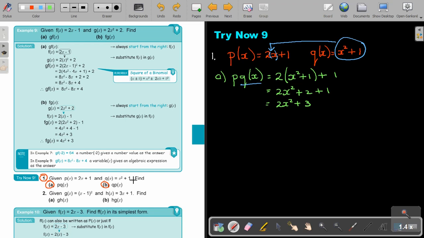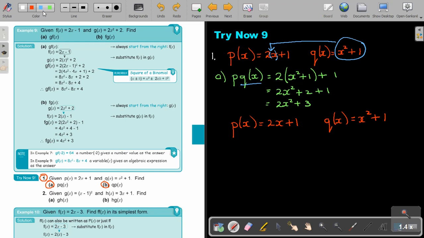Now I think the next one is going to be the opposite. Okay, and now because I used that one, I want to write it again. So p(x) was 2x + 1 and q(x) was x squared + 1.